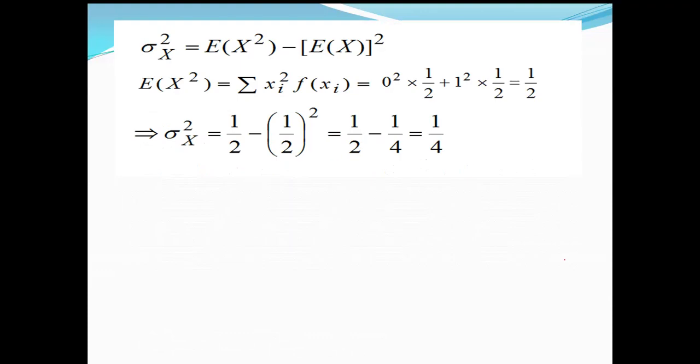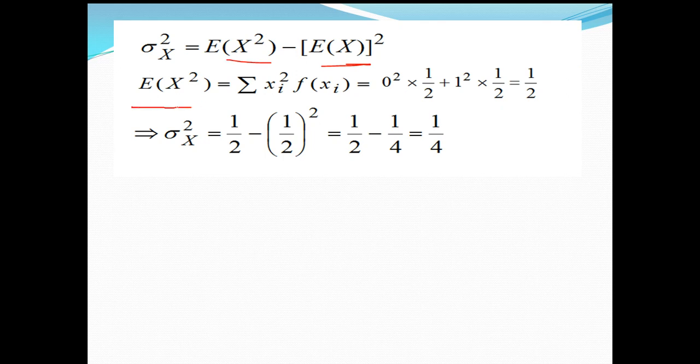Now to find the covariance and correlation, we need standard deviation of x and standard deviation of y. So let us find standard deviation of x and y. Sigma x square, the variance of the x distribution, is equal to E of x square minus E of x whole square. This is the formula. E of x we already got, that is mu x, and E of x square we have to find.